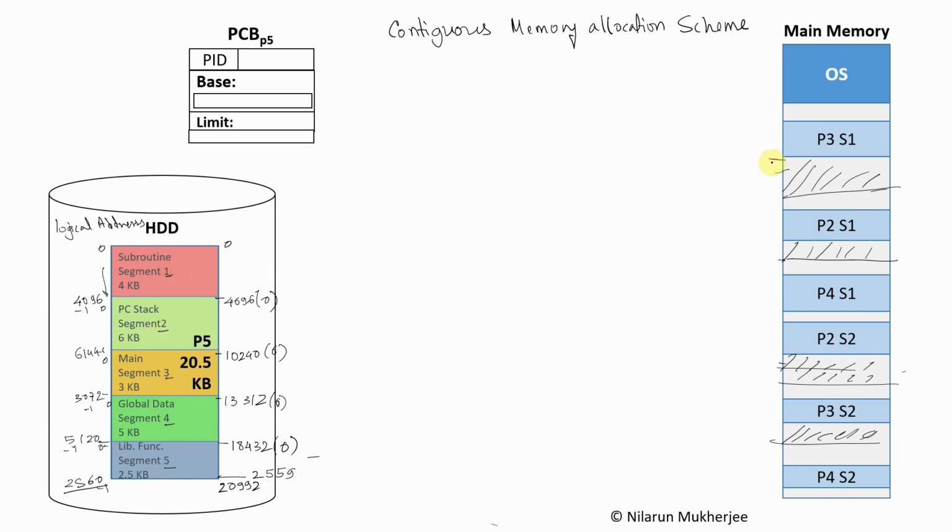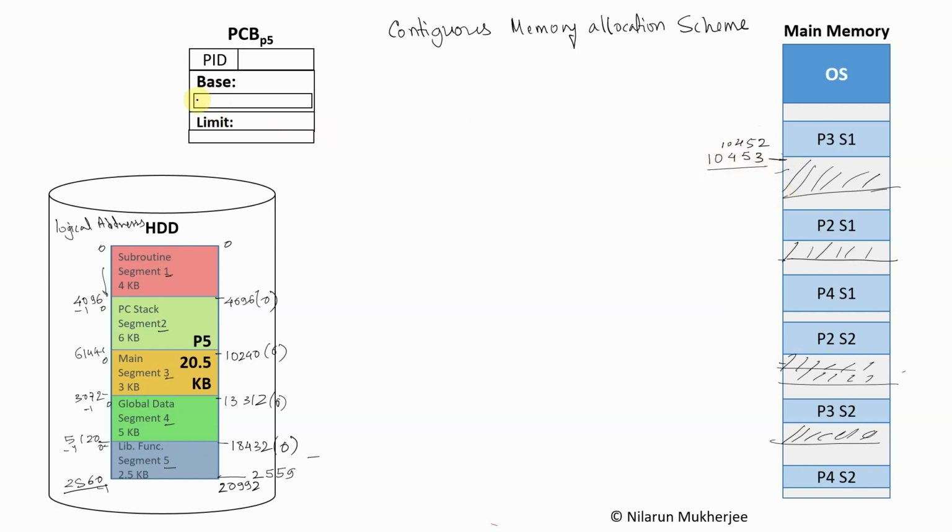Now if I load it from here, suppose, and this is 10453, where this process ends at 10452, and we have available from here.